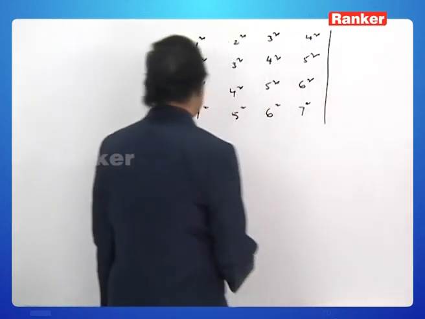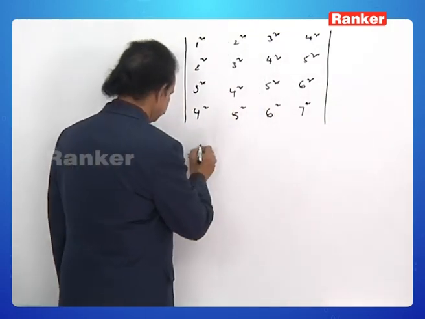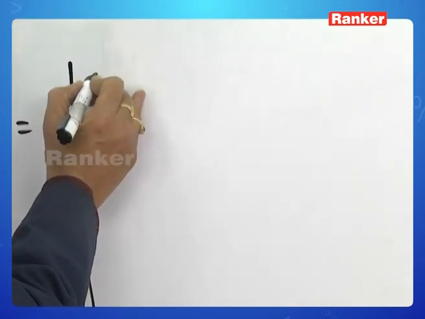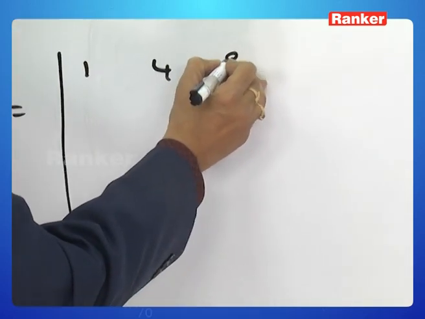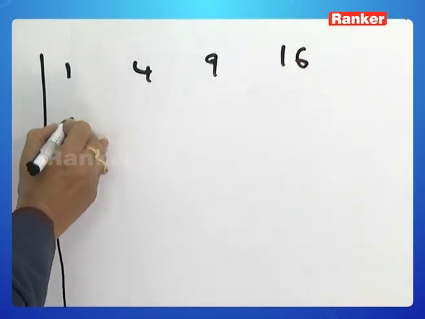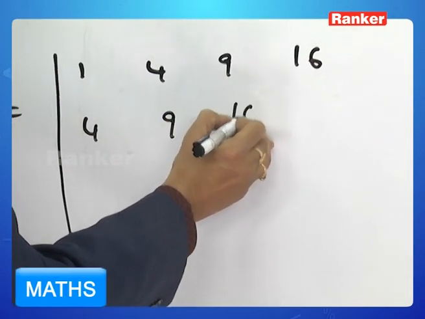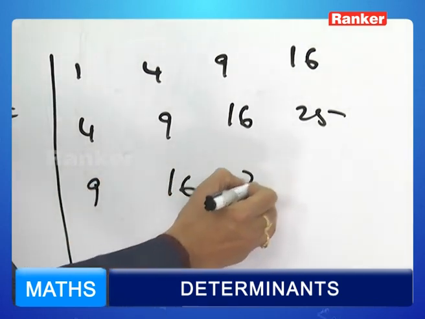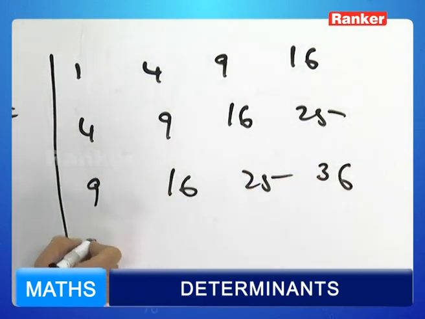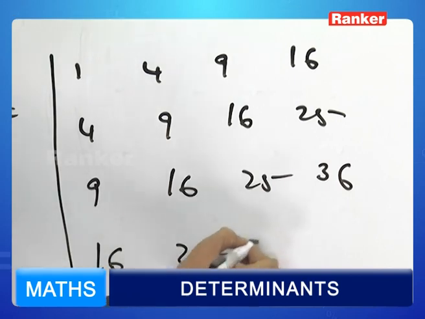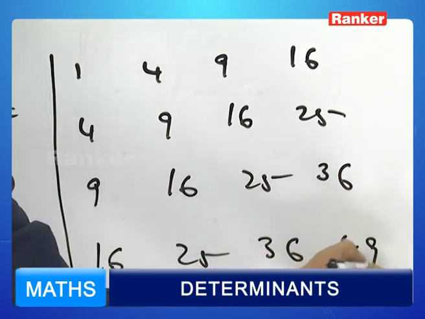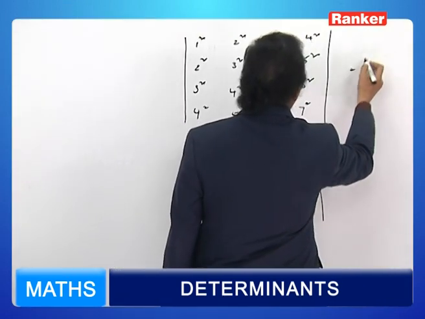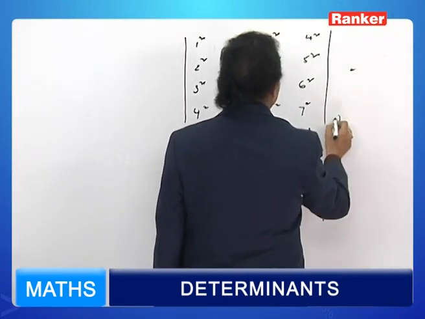Well, this is nothing but 1, 4, 9, 16, 4, 9, 16, 25, 9, 16, 25, 36, 16, 25, 36, 49.